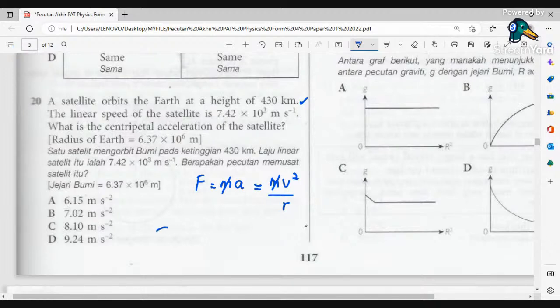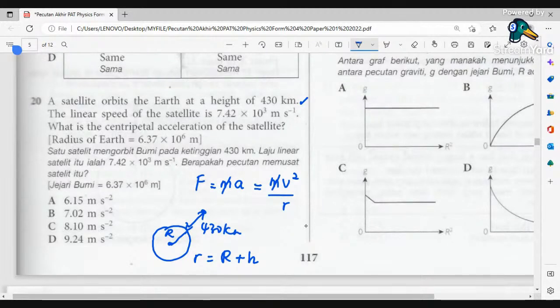Okay, so you have this one, this is Earth, and this is the satellite. Given the height, 430 kilometer. From center of the Earth, there is radius of the Earth. So, orbital radius equals to radius of the Earth plus height. So, means 6.37 times 10 power 6 plus 430 kilometer.